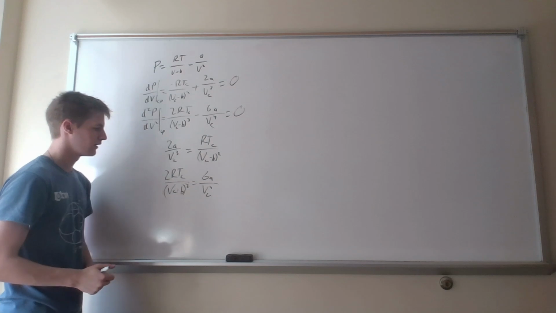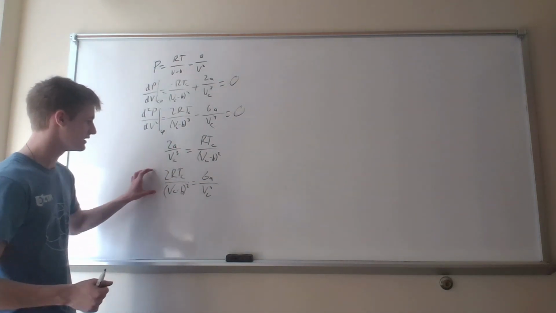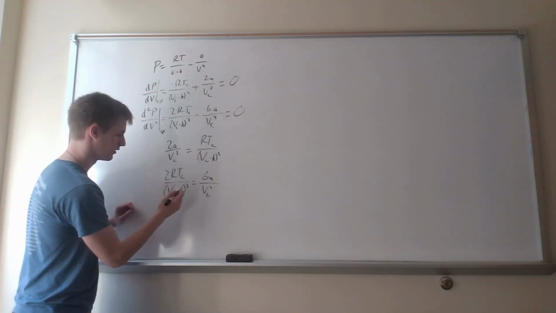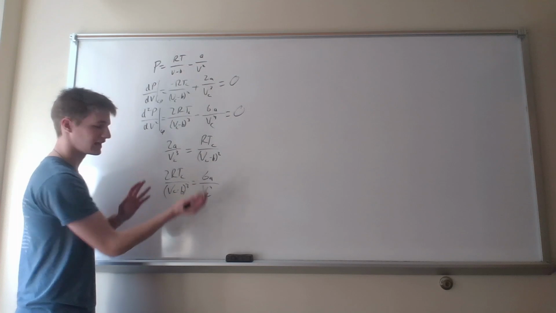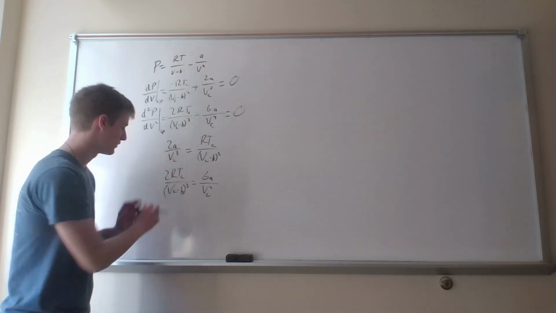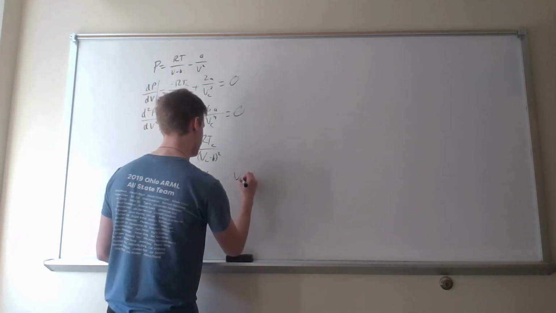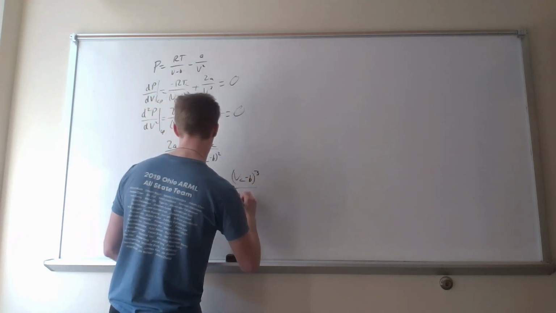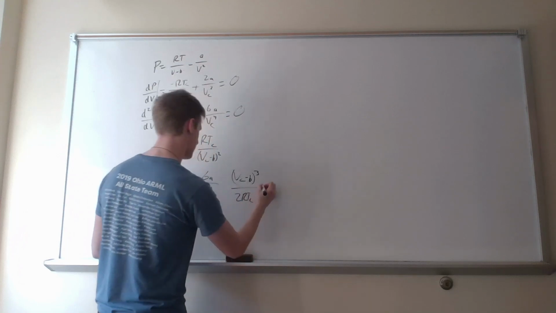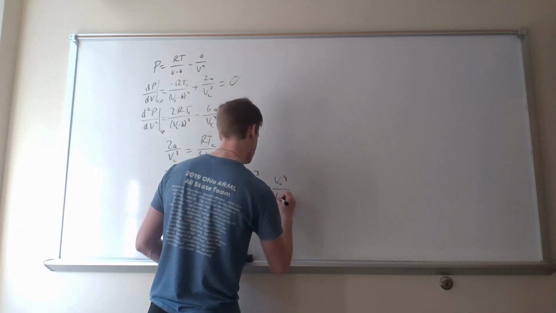Okay. Now we can see these are pretty similar, and if we were to flip these around, we can get a lot of terms to cancel out. So if we flip this bottom equation here, we have (Vc minus B) cubed over 2RTc equals Vc to the fourth over 6A.